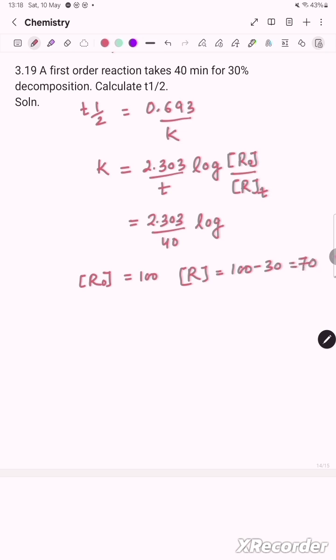So that will become log 100 by 70. So here 2.303 upon 40 log 10 minus log 7.